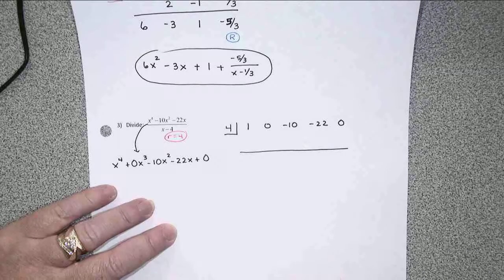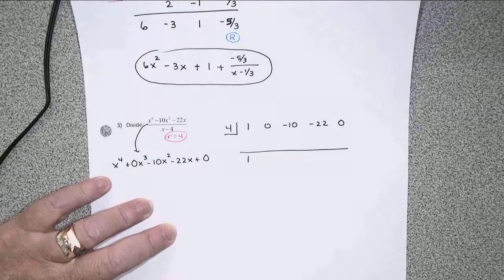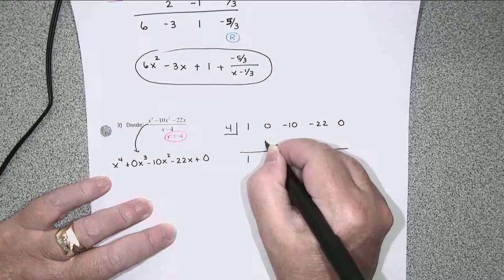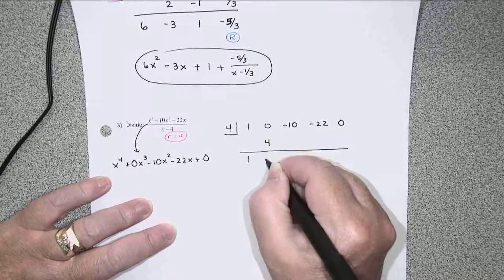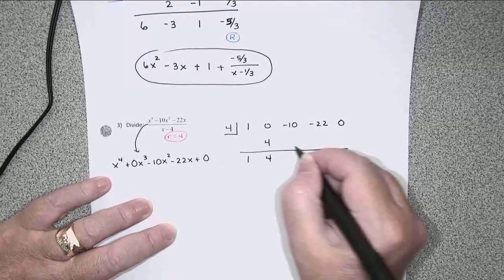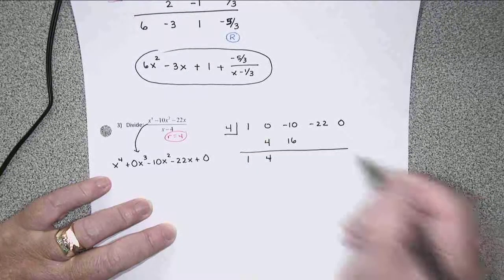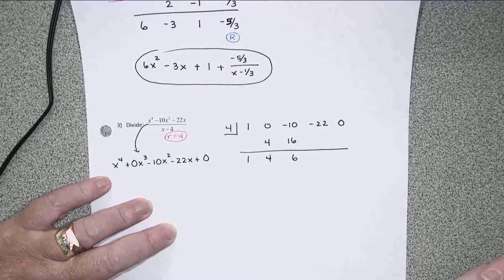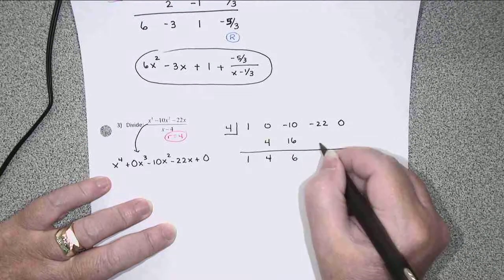All right, let's go. Bring down the 1 to get us started, and then it's multiply and add. Multiply to get 4. 0 plus 4 is 4. Multiply to get 16. -10 plus 16 is 6. Multiply to get 24.